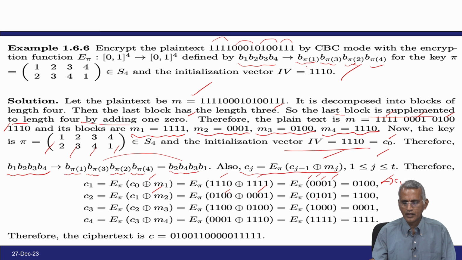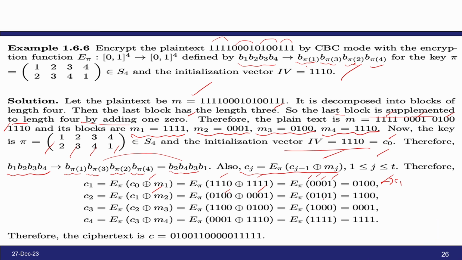Therefore, E pi of 0 1 0 1 will come. The corresponding mapping goes to 1 1 0 0. This way we can calculate C2. So we got C2, right.